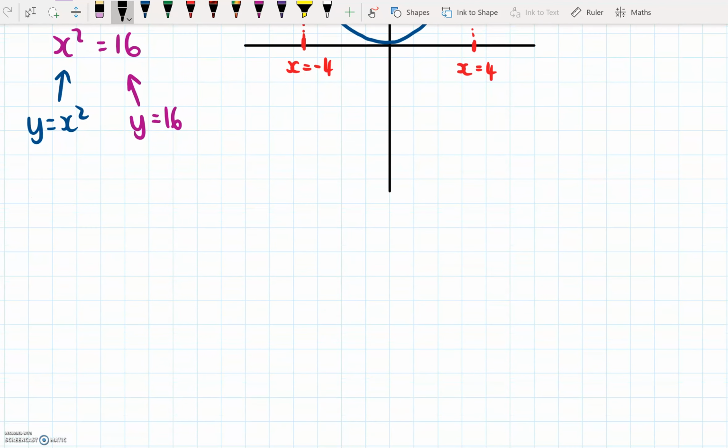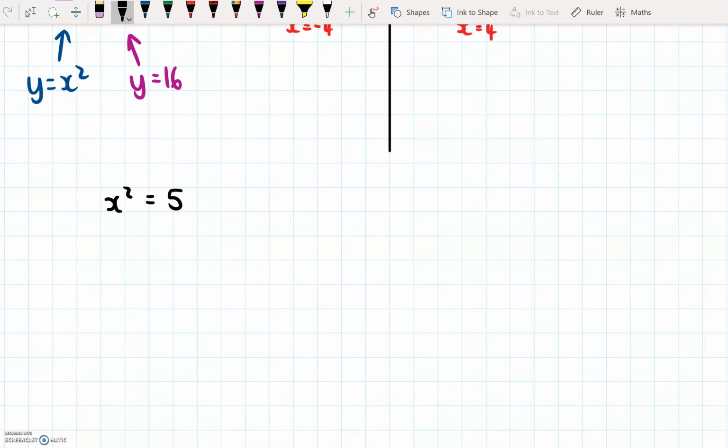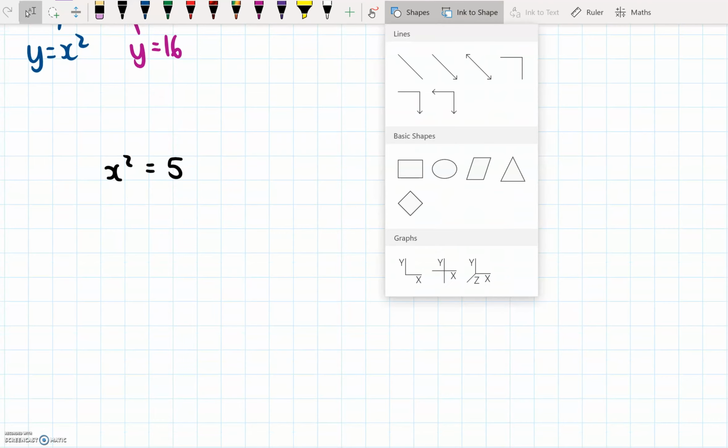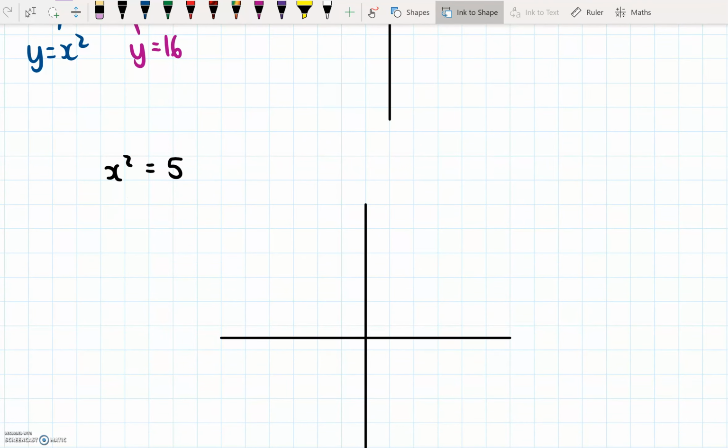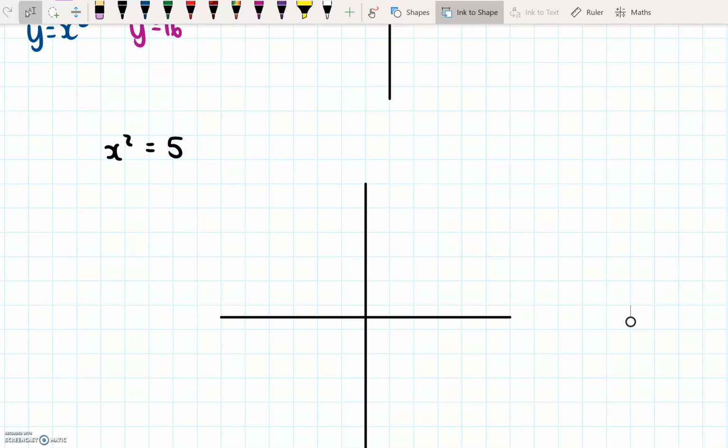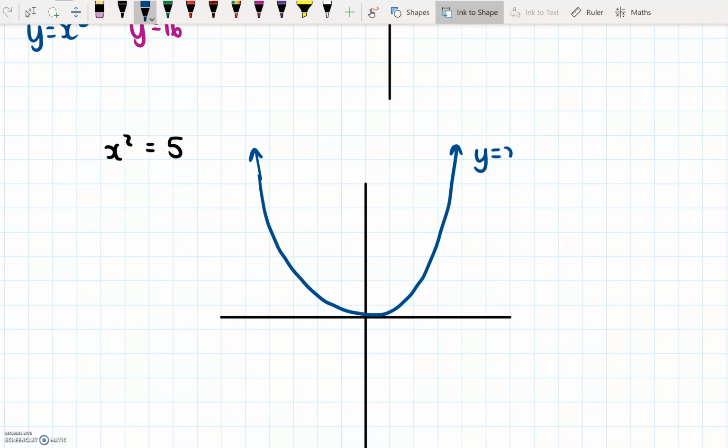So for example, if we have x squared equals 5, on our axis we have a parabola for y equals x squared. And remember, that always goes through 0, 0. Then we have a line for y equals 5, and y equals 5 is always going to be a horizontal line like this.